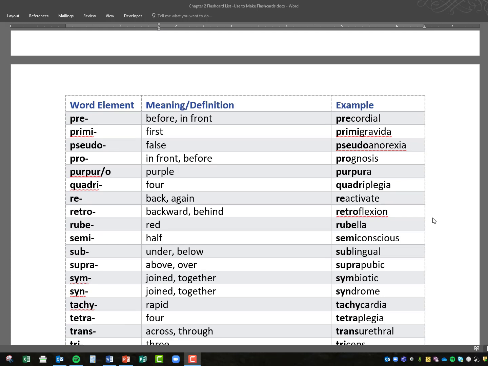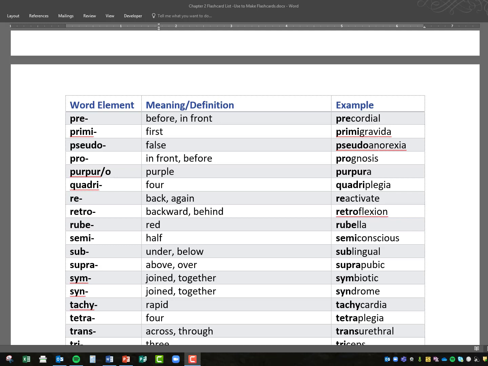Don't say prima, primo, it's primi with an I. Pseudo, false. Pro, in front or before, like a prognosis. Purpur, purple. Quadri, four. Re is back or again. Retro, backward or behind. Rubra, like rubella, that is red.